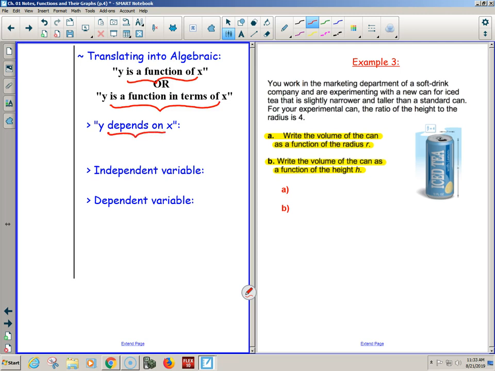Or is there a meaning of "depends on," even if it's not explicitly stated? Because if you can find in any of the information that wording, you can already figure out who is your dependent variable versus who is your independent variable, which might be an x, might be a y, might be a v or a t or an r or an h. Could be different variables.